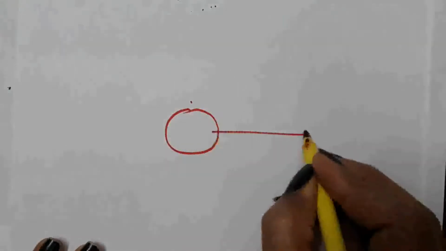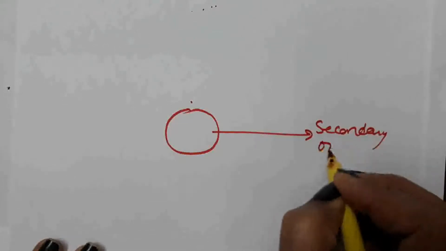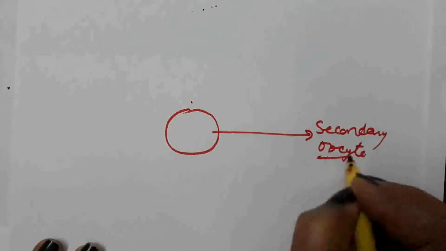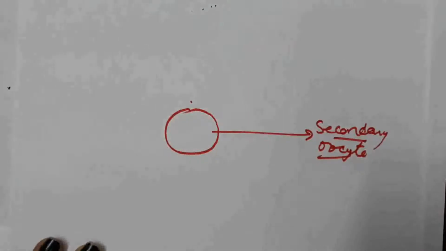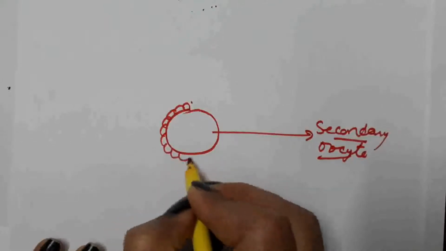In the center, this is secondary oocyte. Secondary oocyte is surrounded by many layers of cells.